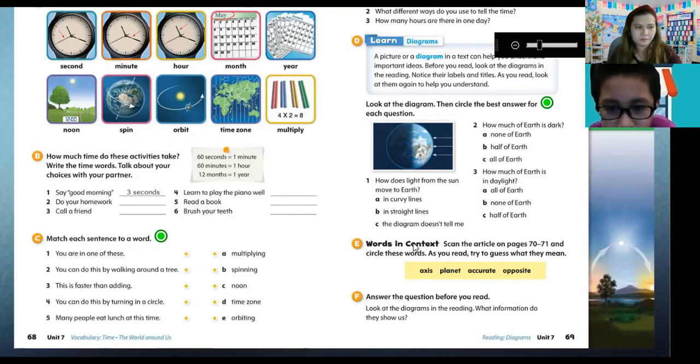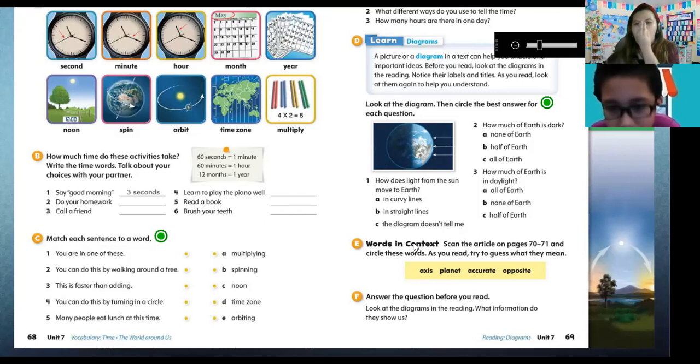The planet is spinning, it orbits the sun. It's like Earth.